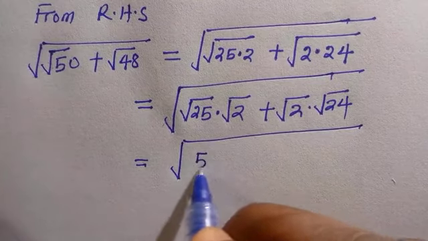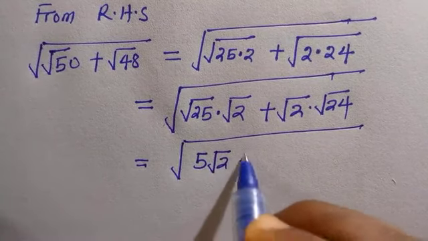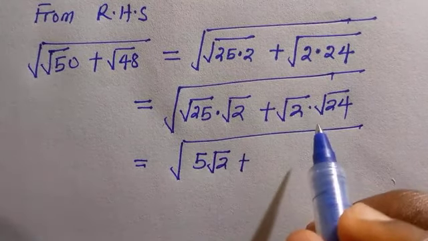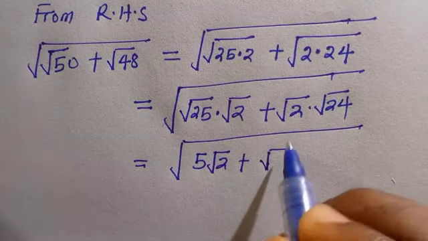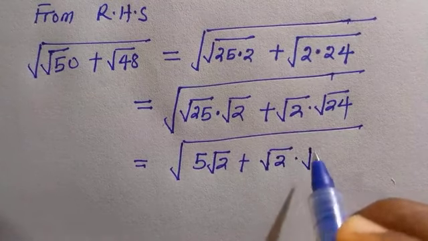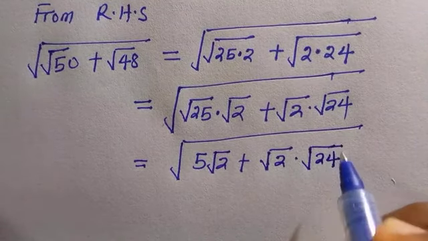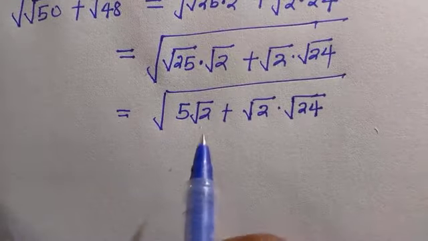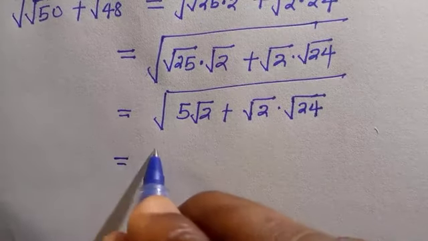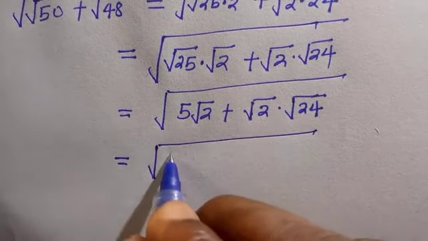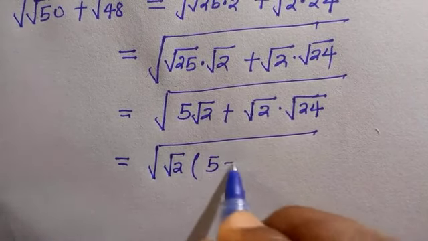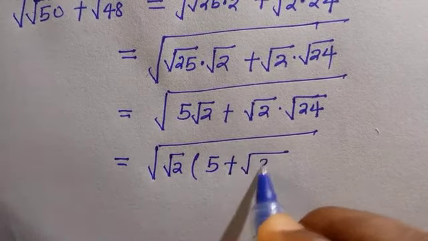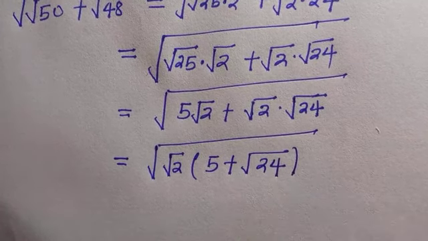So by plugging it here, we have 5 root 2 plus root 2 dot root 24, as dot here is a multiplication. Then root 2 is common, we can just factor it out. Doing that, we are left with 5 plus root 24 in the bracket.